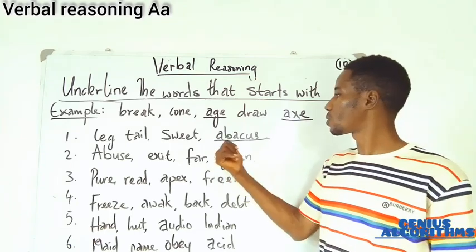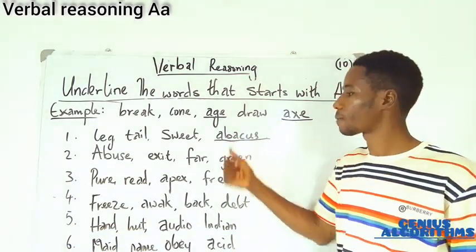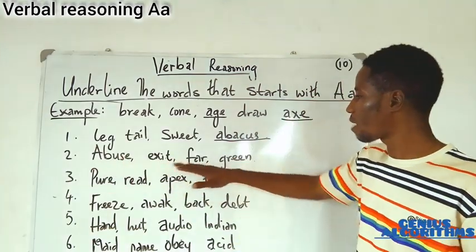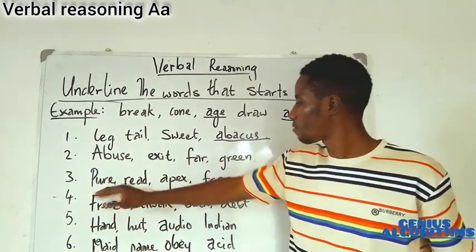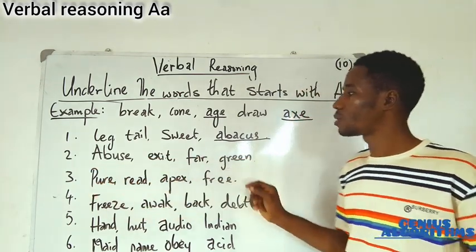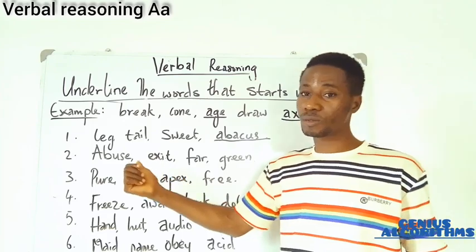So we've done underlining here, we've done this one here, and we'll have another one here too. Here I presume we have a word starting with letter A, and we have another one if you check very, very well. So we can have up to two words starting with letter A on a particular line.